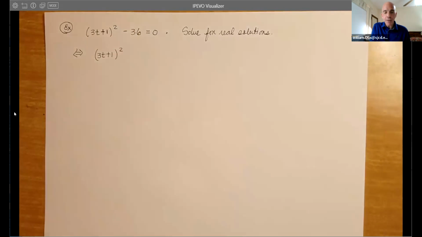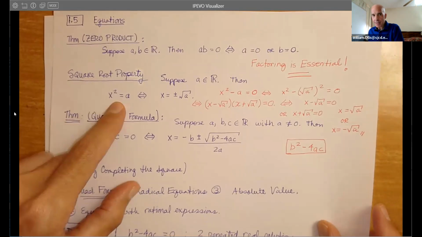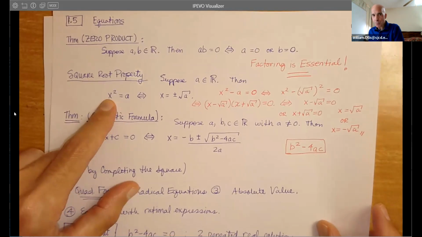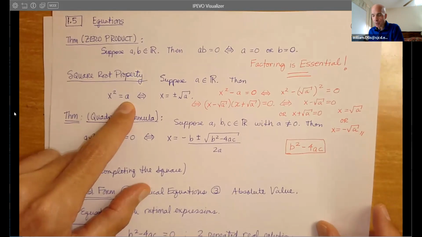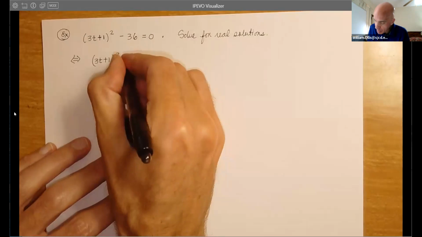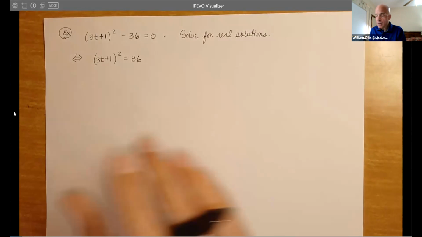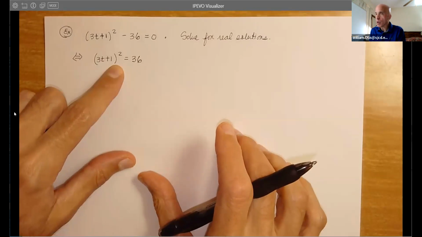So if you remember, we want to make the form look like this, where we have the squared expression equal to the number. So that's the next step. So let's do this. So now when we look at this, we have the form of the square root property.